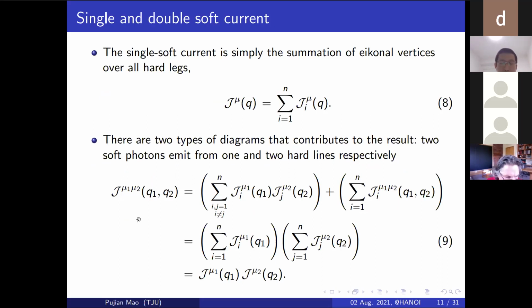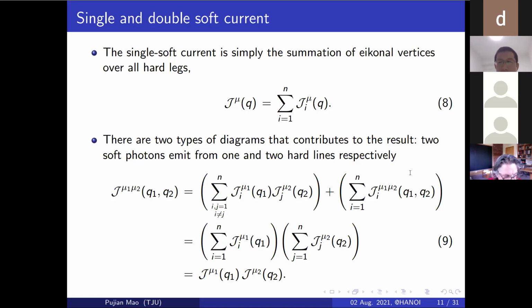you have two possibilities. The two photons can be emitted from a single hard line or from two hard lines. So there will be two possibilities, and then you take the summation to cover all the possibilities, and in the end you find the soft current for the double case. It's just a product of two single soft currents.